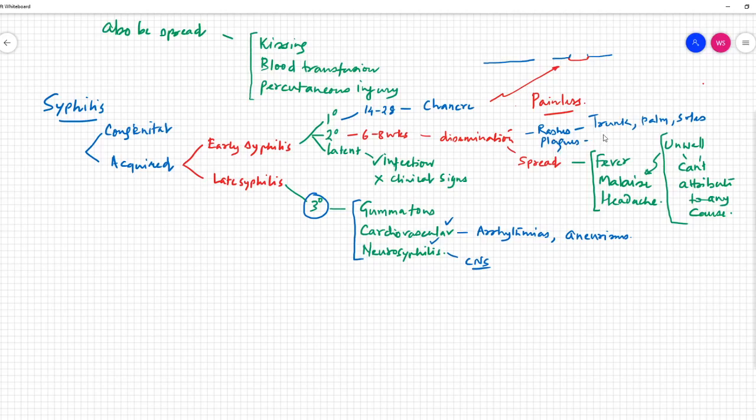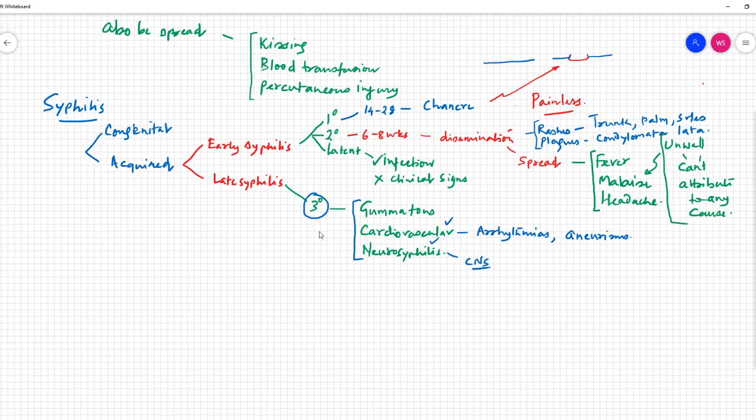It has got a specific name. It is condylomata lata. Okay, so this is again a presentation in the secondary stage.